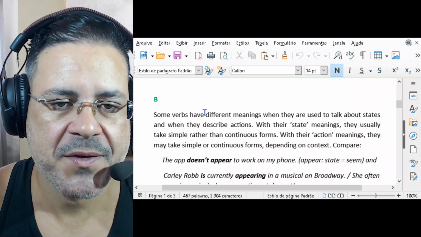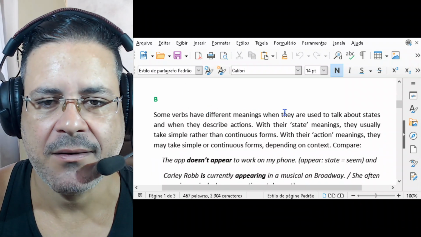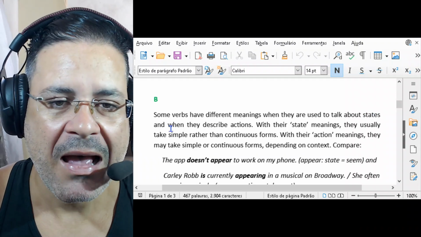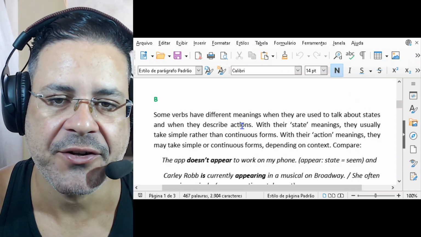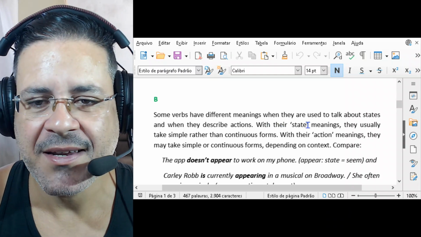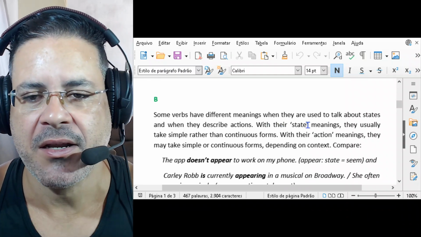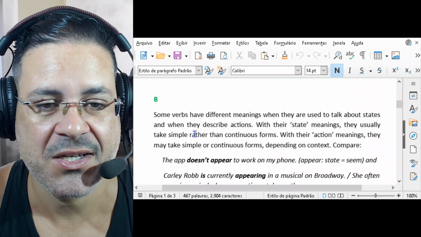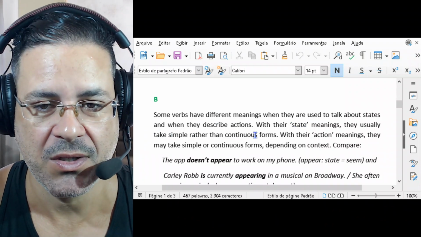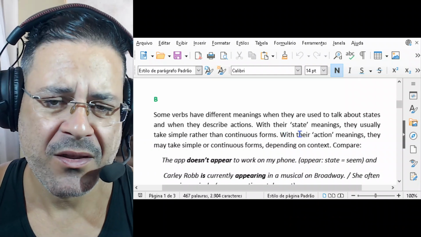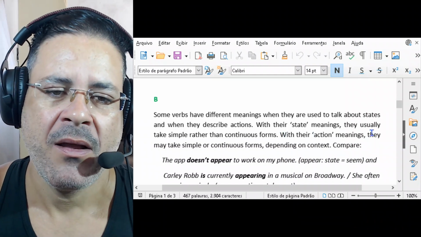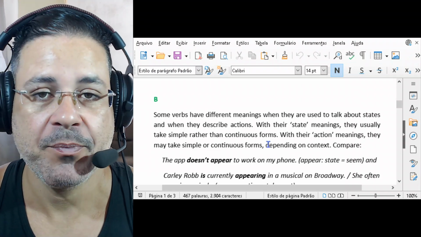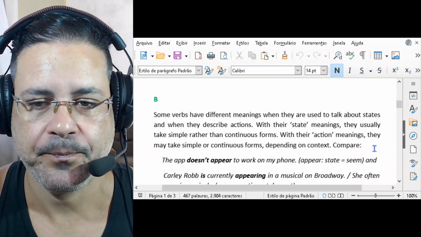Some verbs have different meanings when they're used to talk about states and when they describe actions. With the state meanings, they usually take simple rather than continuous forms. With the action meanings, they may take simple or continuous forms, depending on context.